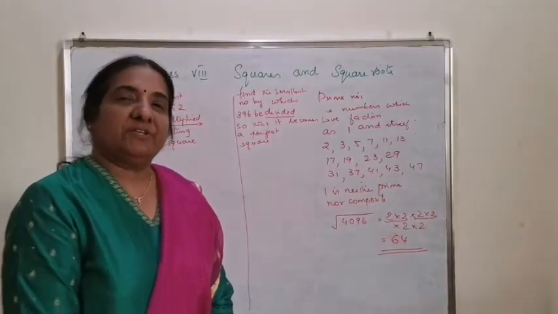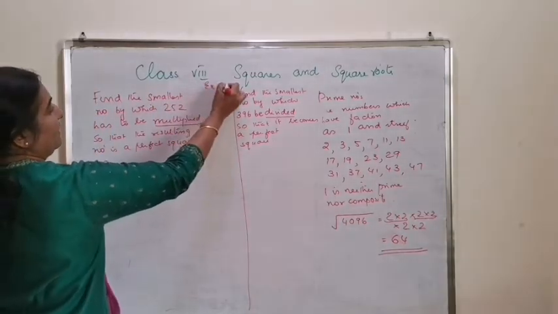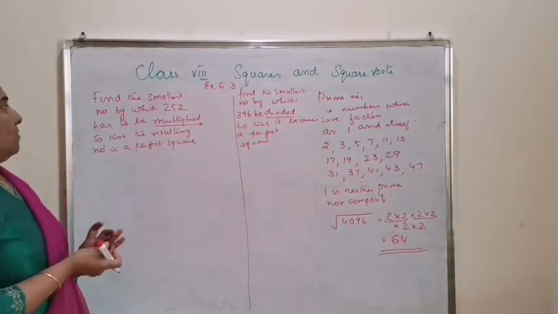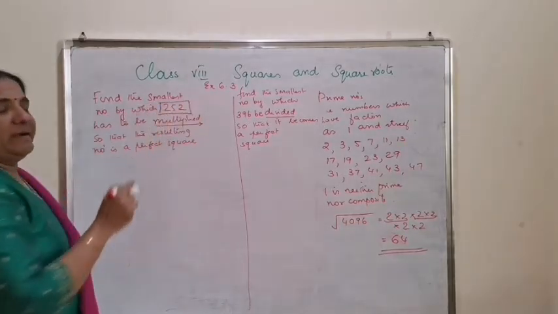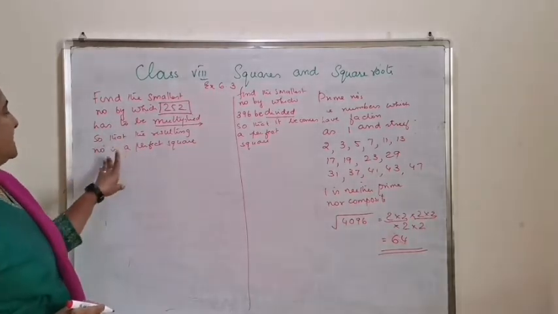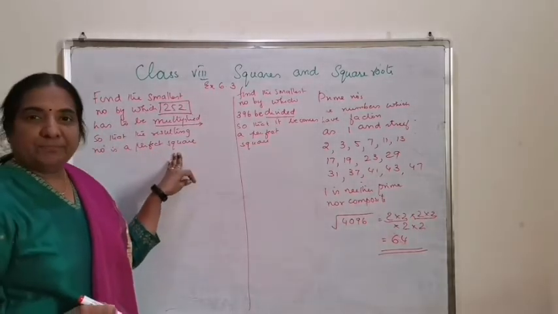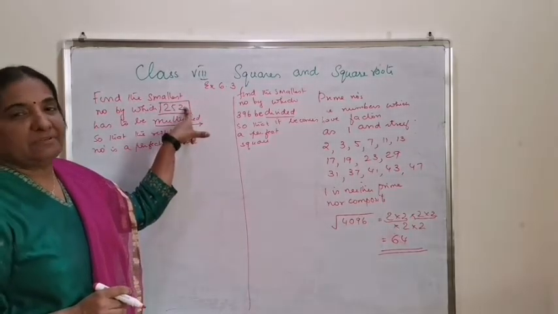Another type of question in your textbook, exercise 6.3. Find the smallest number by which 252 has to be multiplied so that the resulting number is a perfect square. We know that numbers ending with 2, 3, 7, 8 are never perfect squares.